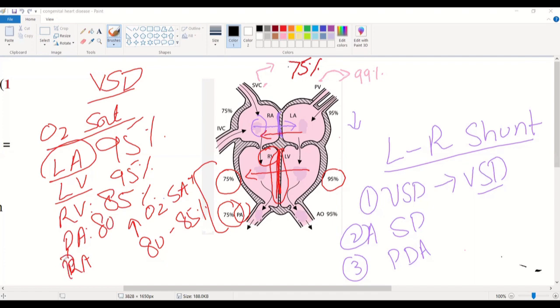What happened in the right atrium? The same. Unchanged. These kinds of things you have to prepare for the USMLE, right?